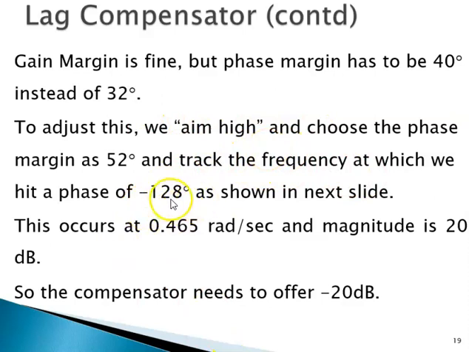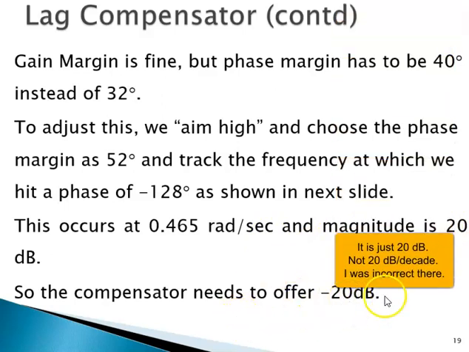So we choose the frequency at which the phase is minus 128. Okay, so minus 128 minus 52 is minus 180. And this occurs at 0.465 radians per second, and the magnitude at this point is 20 dB.